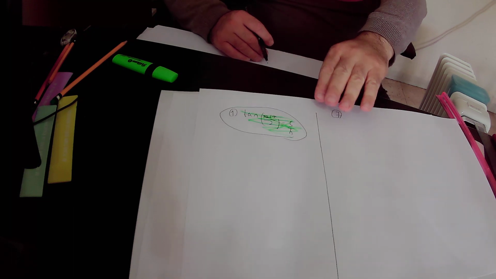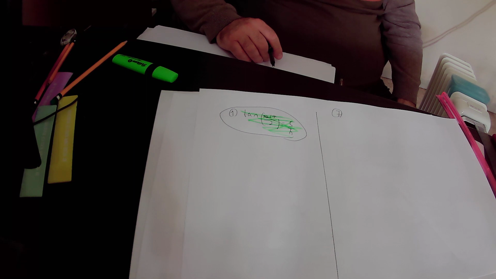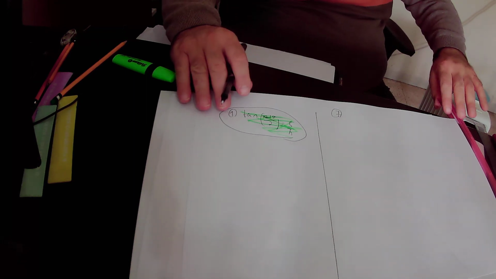We found out that according to equation number 1, tangent of (theta plus alpha) over 2 equals 5 over H. Okay.